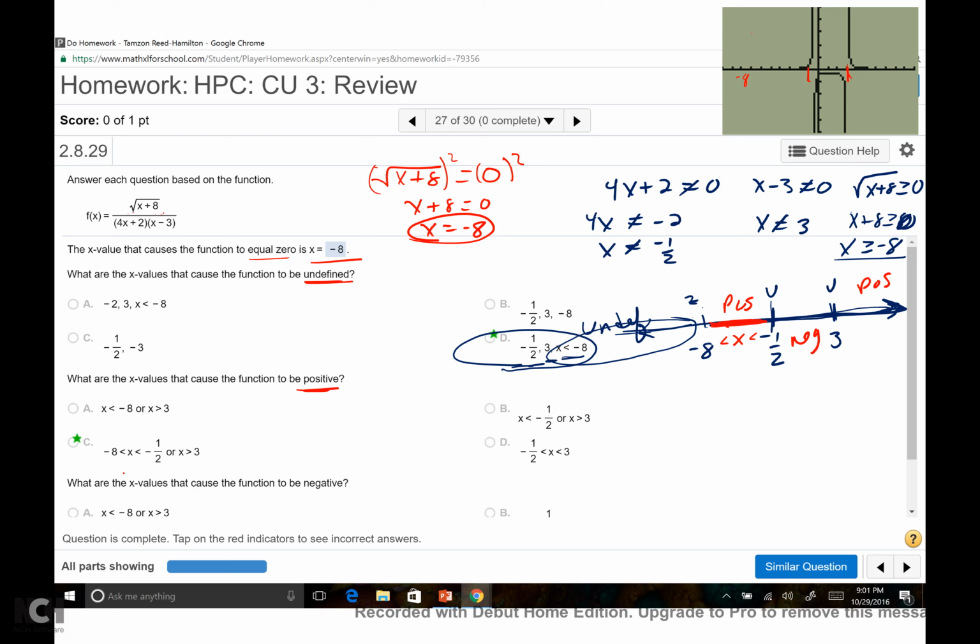So it's positive between -8 and -1/2, and it's positive on anything bigger than 3. And where's the function going to be negative? Well, that's right here, and I apologize, I cut off the answer to D, which is between -1/2 and 3. Okay?